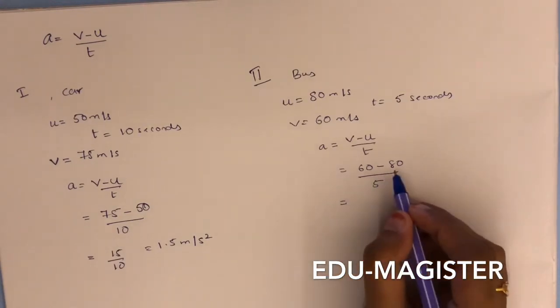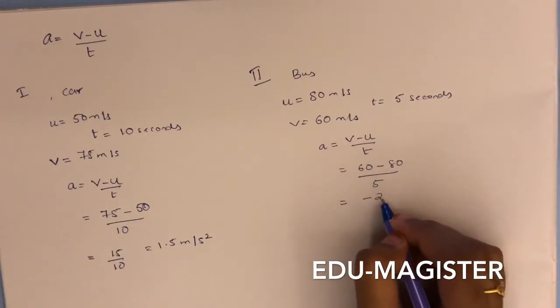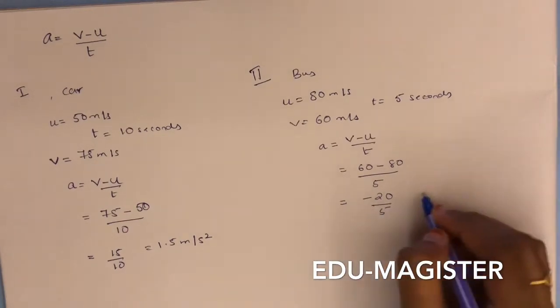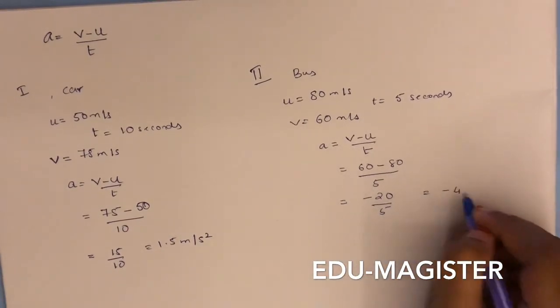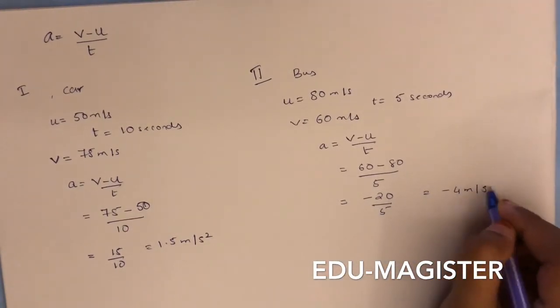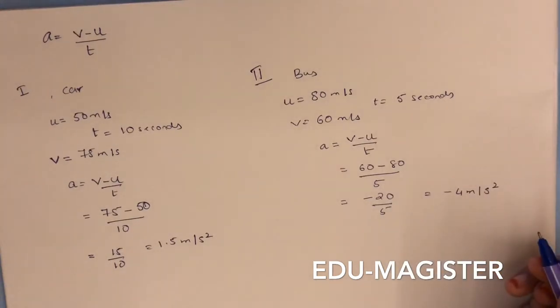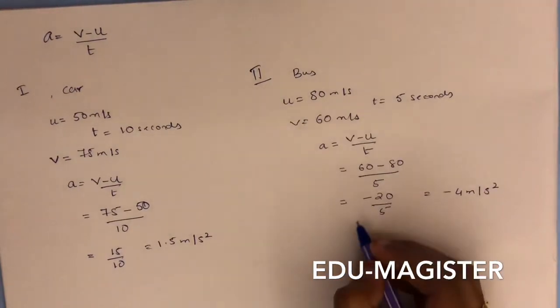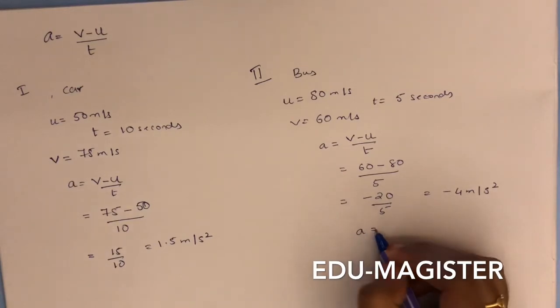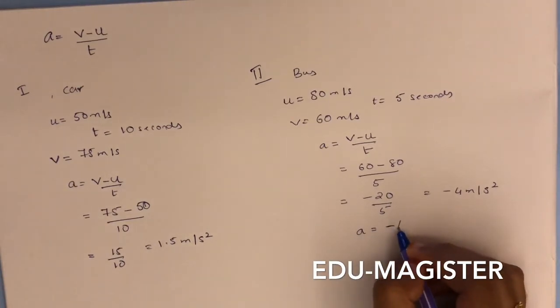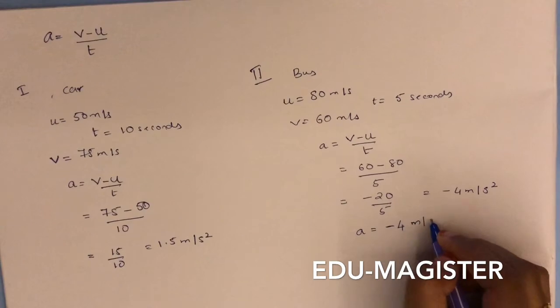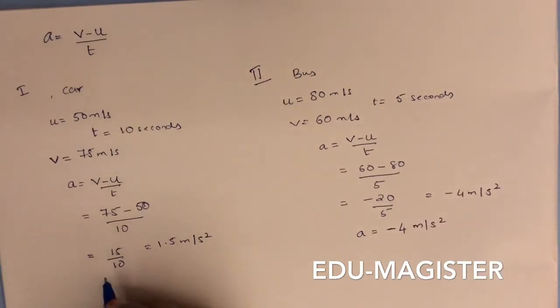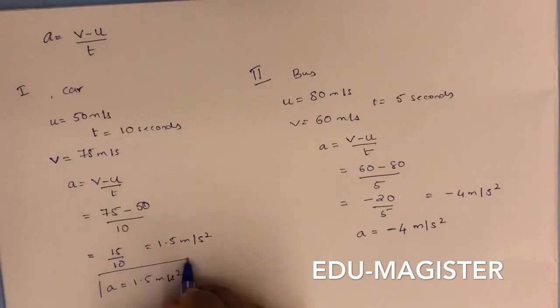Here 60 minus 80 will be negative 20 by 5, so the answer is negative 4 meters per second square. That means the acceleration of the bus is negative 4 meters per second square, and the acceleration of the car in the first case was 1.5 meters per second square.